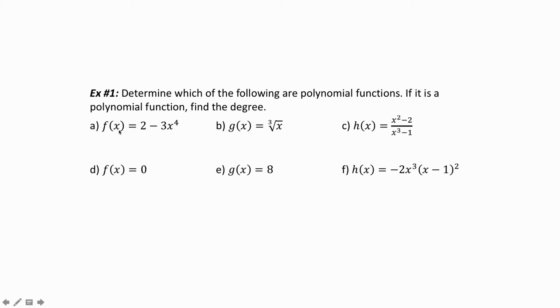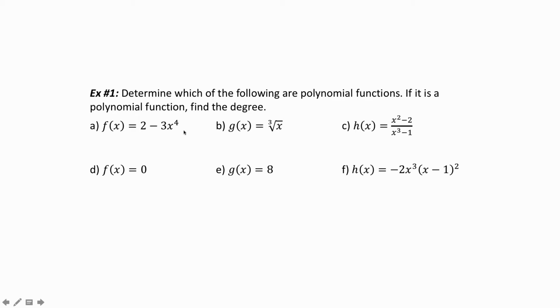So in A, we want to know, is f of x a polynomial function? So the 2 is really 2 times x to the 0 power, and then this term here is negative 3x to the 4th power. So because this is x to the 0 and this is x to the 4th, both of our exponents are non-negative integers. 0 is non-negative, 4 is non-negative, and they're both integers.